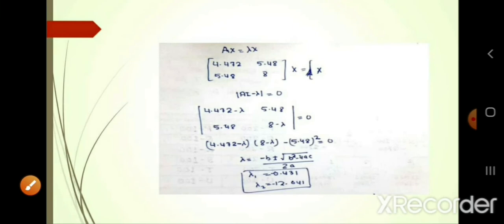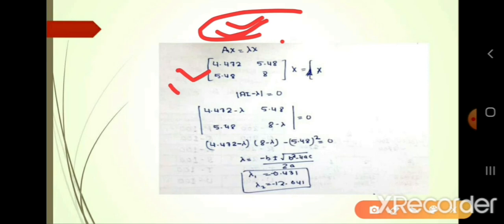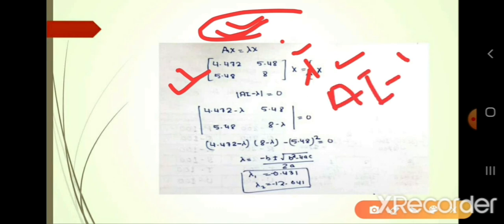Next step is the calculation of eigenvalues. We know Ax equals lambda x for a transformation matrix. Here A is the covariance matrix, so Ax equals lambda x. We can write this as the determinant of (A minus lambda I) equals 0, where I is the identity matrix.